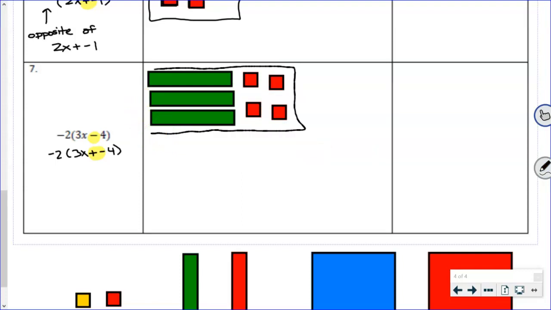3x and negative 4. So now, how many of those groupings do we have? We have 2 of them. So we can start by getting that second group up there.